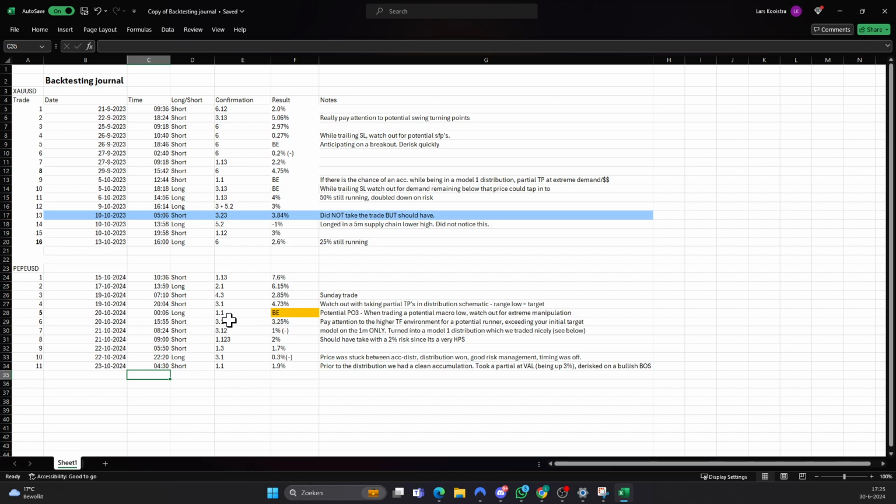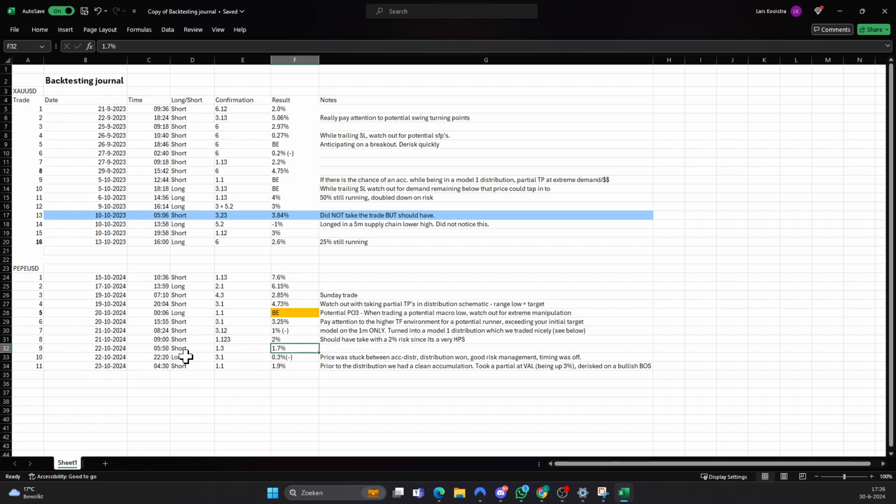We had a Wyckoff Model 2 distribution trade with a 3% gain. Then we had again a Model 2 distribution trade, which was a loss, which ended up turning into a Model 1, if you guys remember, which was a 2% gain. Then we had that Model 1 for the 1.7% that we managed really well.